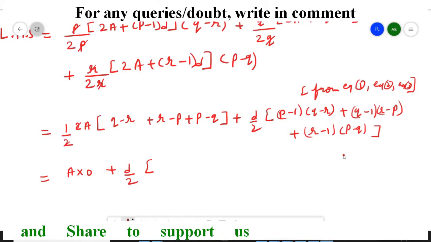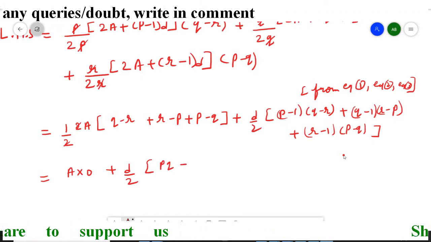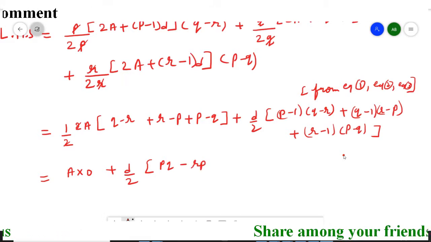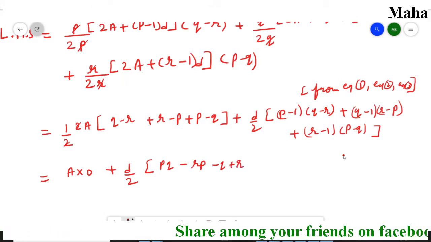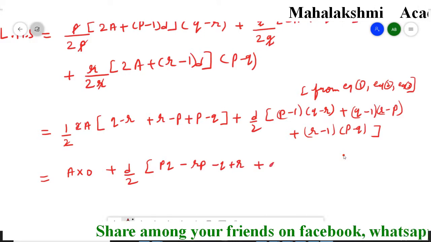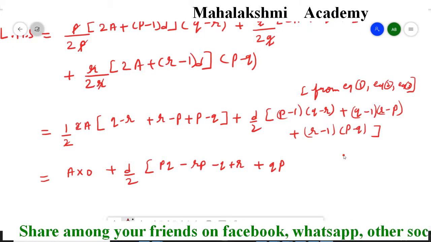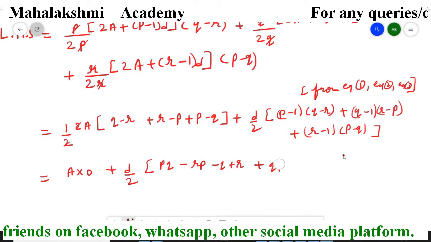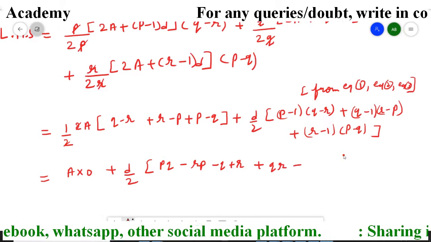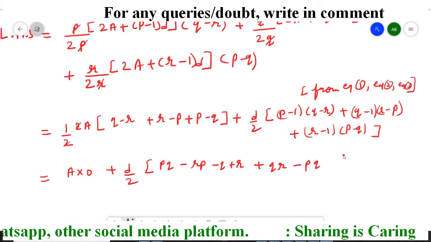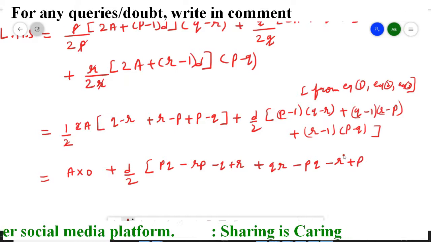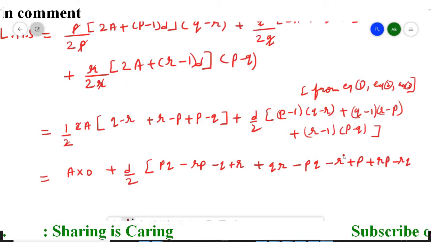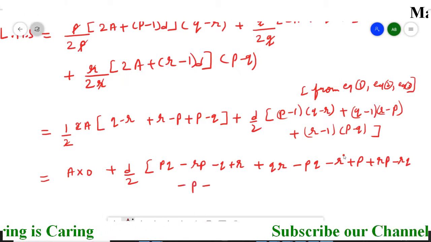So that will give us pq minus rp, then minus q plus r plus qp, qr minus pq minus r plus p, then plus rp minus rq, and then minus p and minus q.